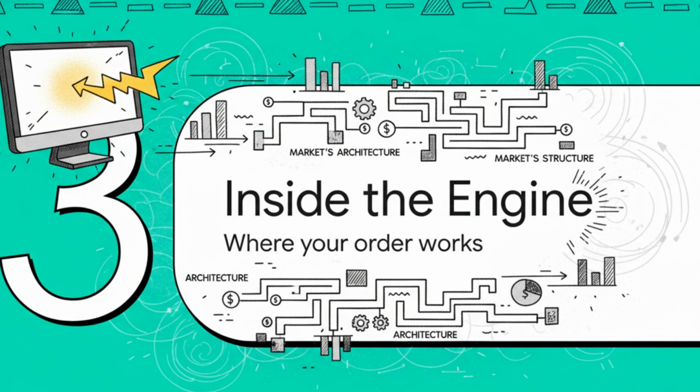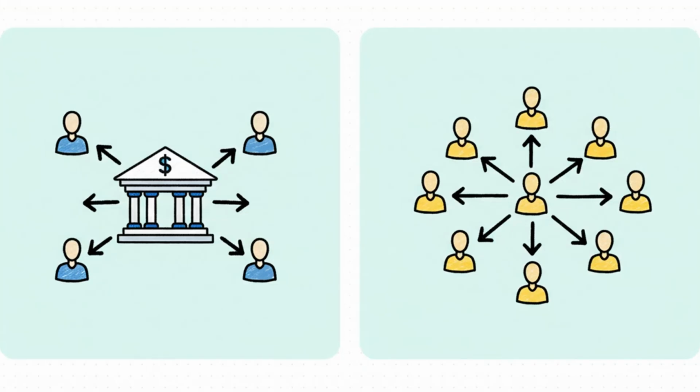And this is where things get really interesting. You've placed your order, and now it leaves your computer and dives headfirst into the market's plumbing. But you've got to understand, not all markets are built the same. The way your order gets handled depends entirely on the architecture of the system it just entered. You can pretty much break it down into two types. You've got the old-school dealer markets, where these huge financial institutions called market makers are the middlemen. They're always ready to buy from you or sell to you using their own supply of stock. But these days, most markets, the ones you and I use, are matching systems.